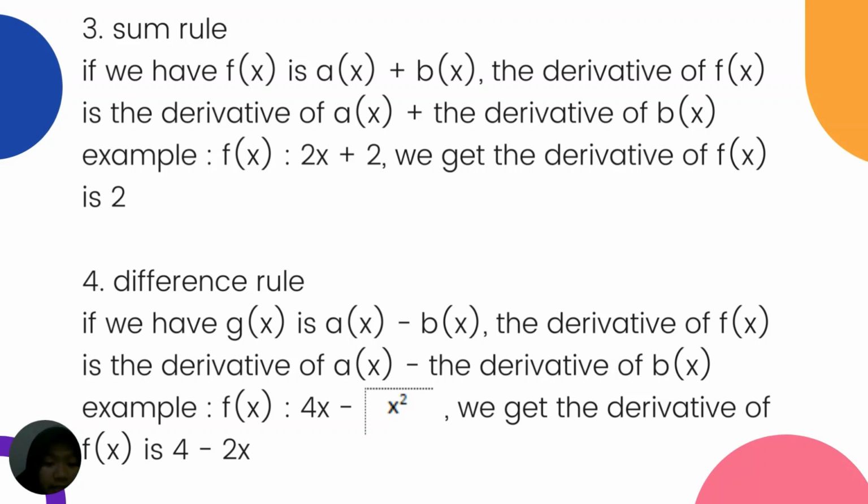For example, f x is 4 times x minus x squared. In here, 4x is a x and x squared is b x. The derivative of a x in here is 4. The derivative of b x in here is 2x. And then we get the derivative of f x is 4 minus 2x.